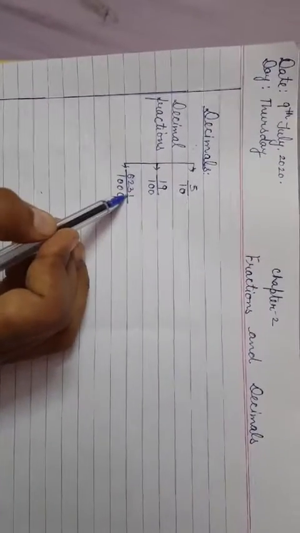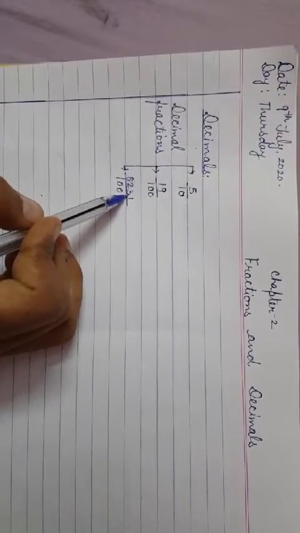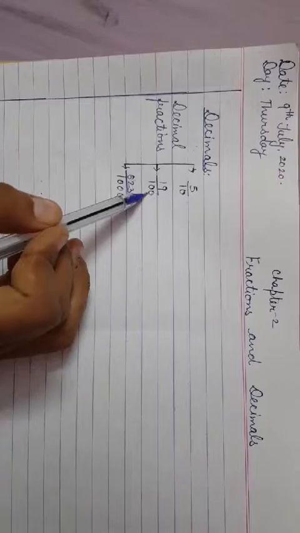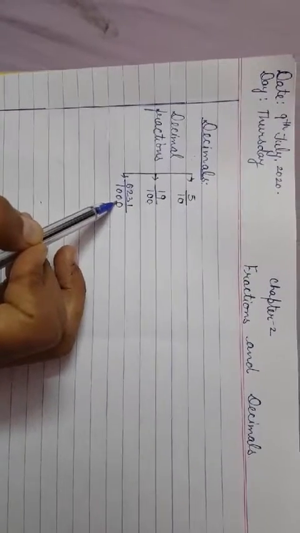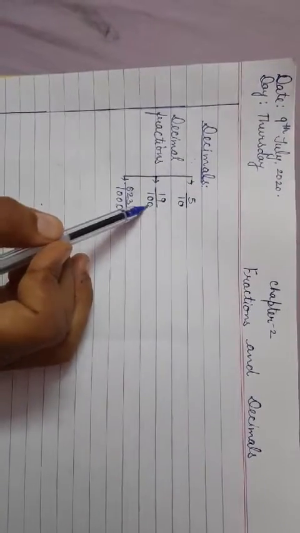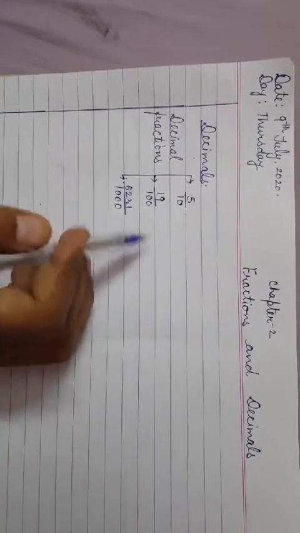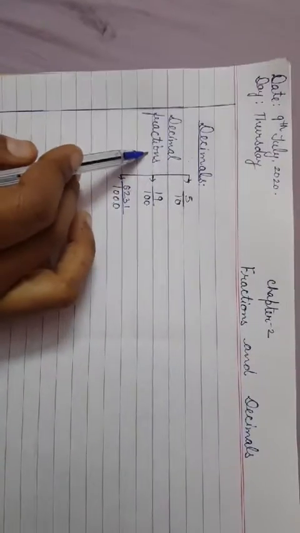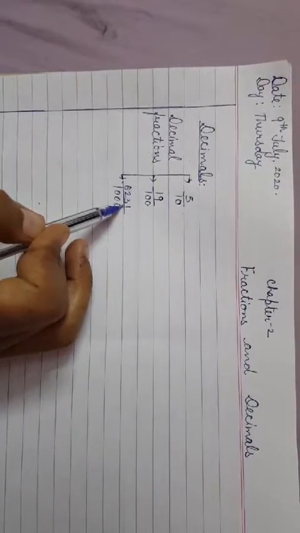These three are fractions here and these are decimal fractions because the denominators are in the form of 10, 100, 1000, etc. Okay. And in the beginning of this chapter I have told you, if the denominator of any fraction is in the form of 10, 100, 1000, 10,000, lakhs, and so on, then those fractions are called decimal fractions. So these three are decimal fractions written over here.